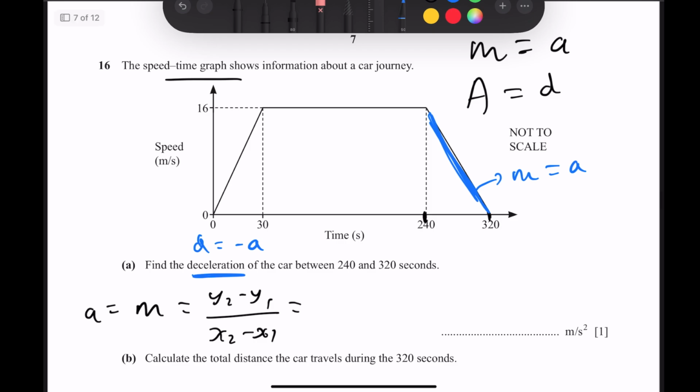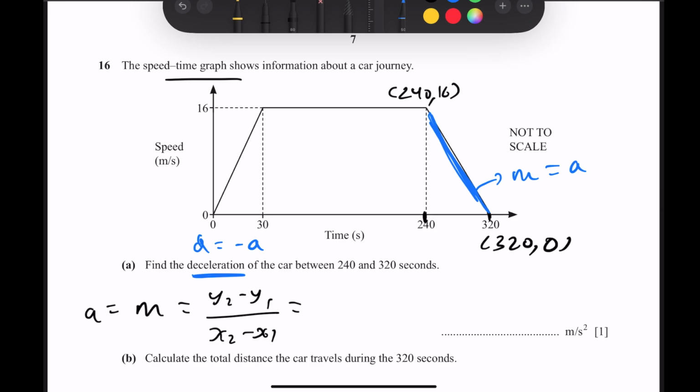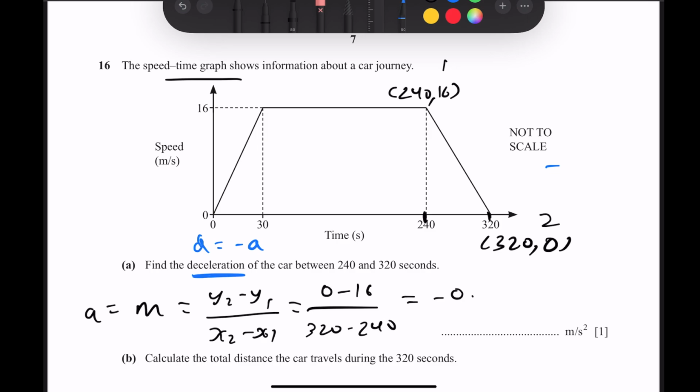So if we take these 2 points, 320 comma 0 and 240 comma 16, we can then find the gradient. If we take 240 comma 16 as point 1 and 320 comma 0 as point 2, y2 minus y1 is 0 minus 16 over 320 minus 240, which is equal to negative 0.2.